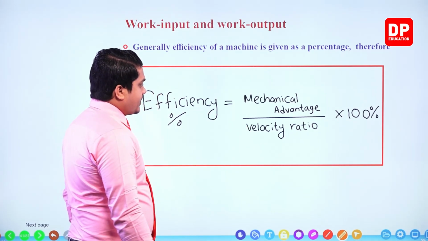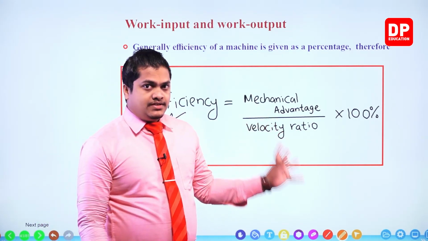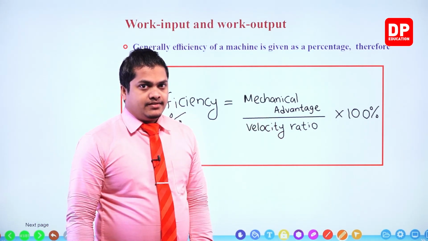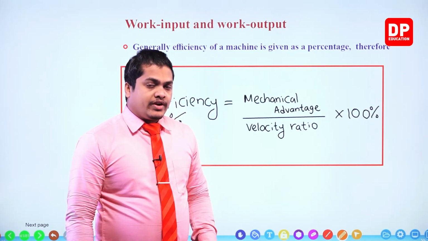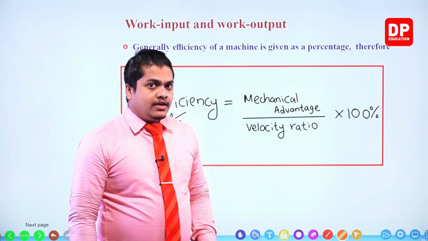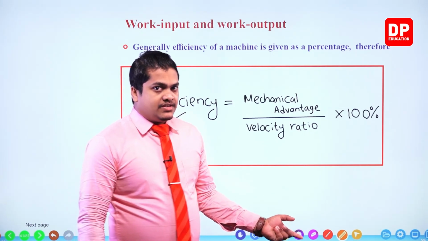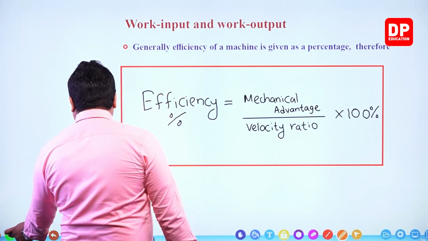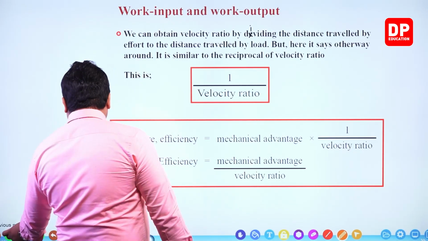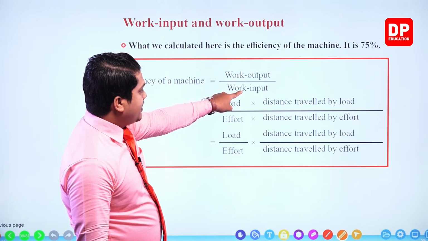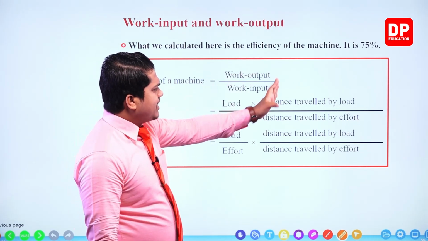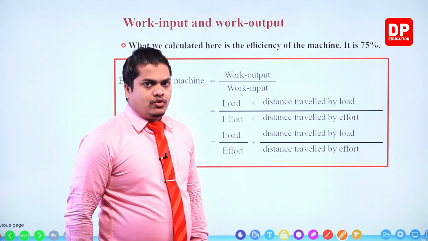In simple terms, this is the efficiency. Or else, like I did in the previous case, you can get the work output divided by the work input, then multiply it by 100. That is also okay, no problem.